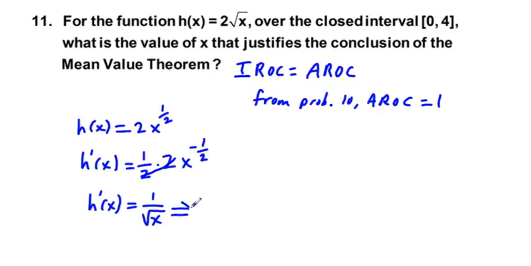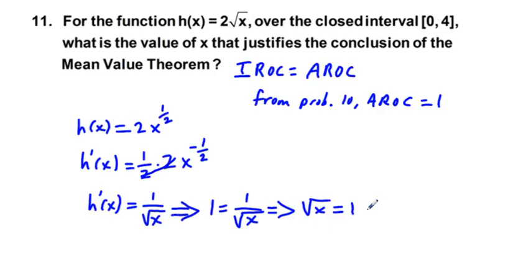And then going to the right here, we set A-ROC equal to h prime of x, so we'll say 1 equals 1 over square root of x. Well, if we cross multiply by square root of x, we have square root of x is equal to 1.